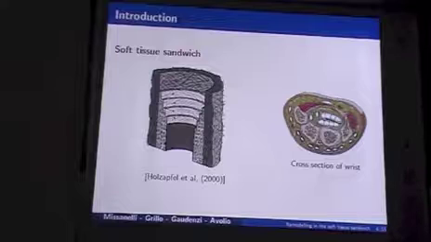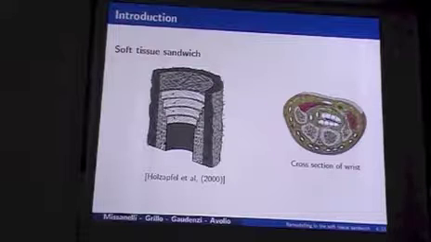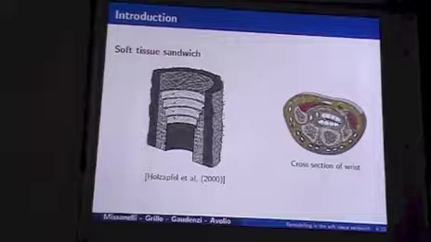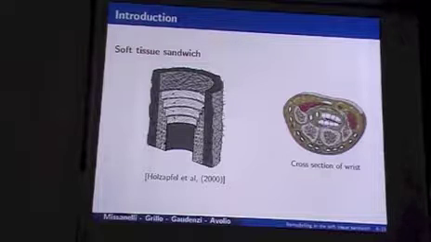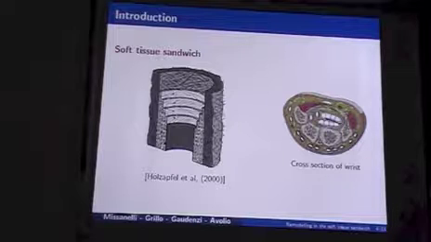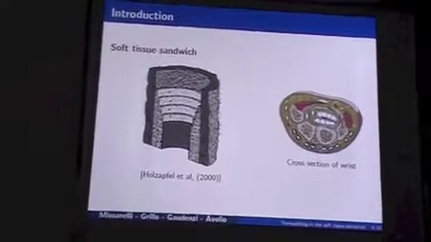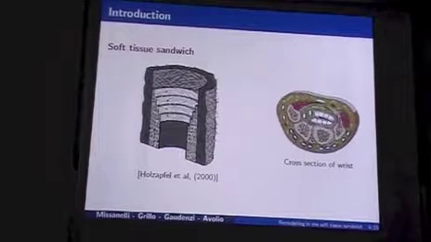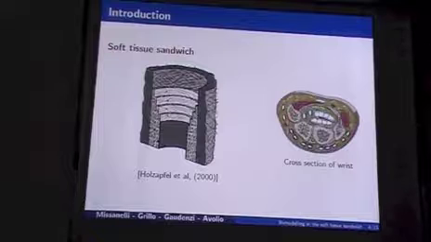We neglected the tunica intima and the fat layer because they are so thin in this region that we can neglect them. We also consider this material, this sandwich, this complex system made by two components. The first one is the ground matrix, and the other one is the fiber.